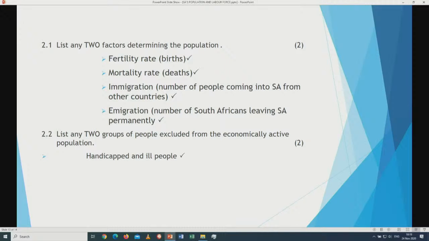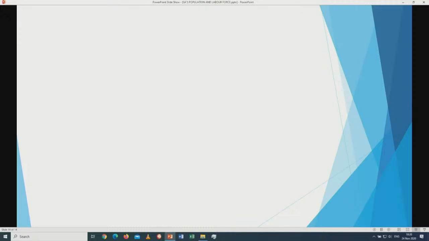Number 1, handicapped and ill people because they cannot work. Learners, they are at school, they are not supposed to work. Students are also still busy with their studies, they cannot go and work. Housewives and those who are doing voluntary work because they are working without compensation. Right. Let's look at another question.